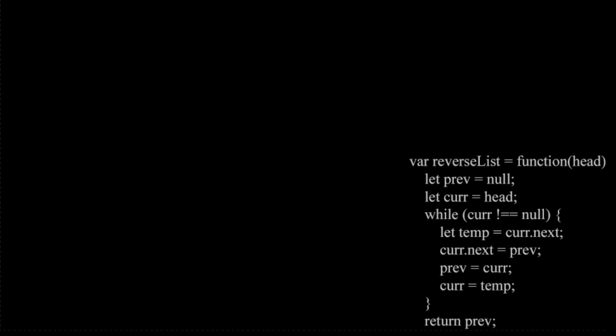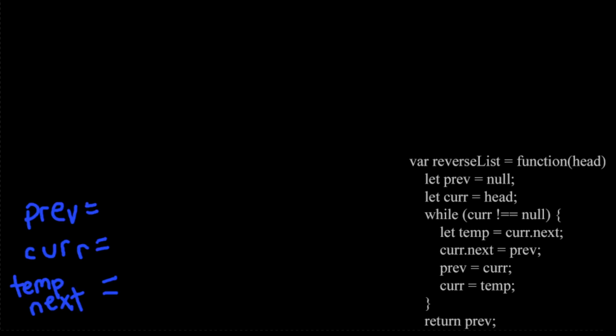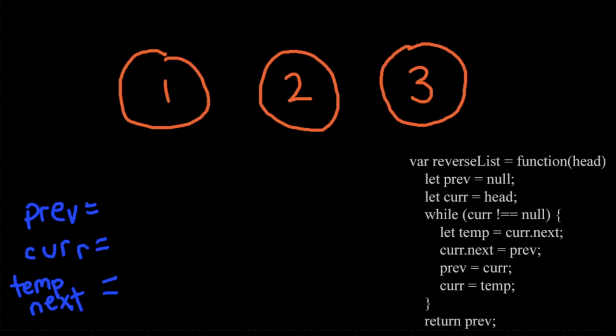So the code is pretty simple, so we're going to put it on the side while we do our walkthrough. So here are our nodes, 1, 2, and 3, and the variables that you have to keep track of are here on the left.